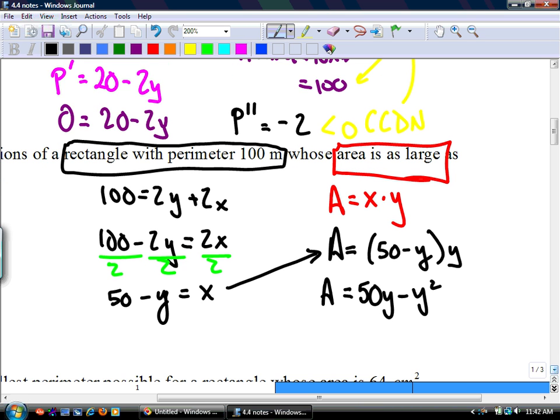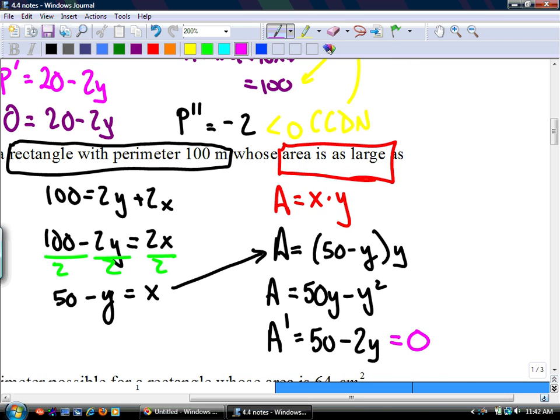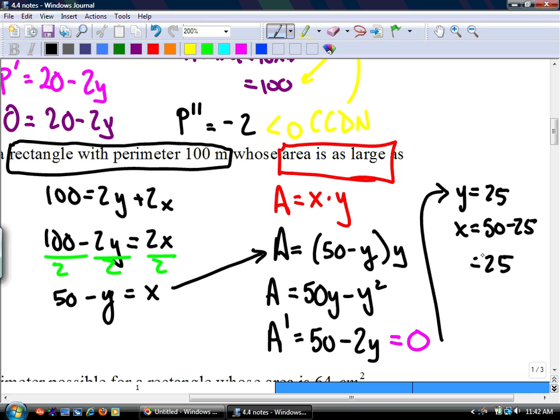What are you going to do? Then what? y. Because you need to find your critical points. Okay. What's y equal to? 25. What's x equal to? 25.